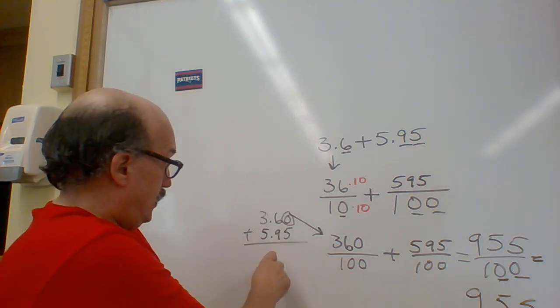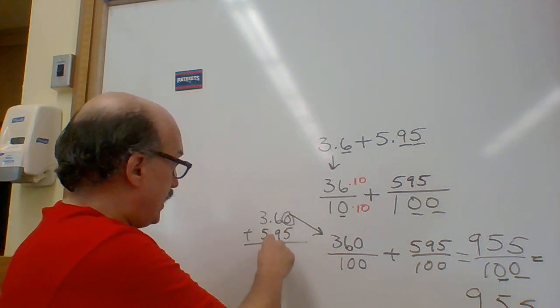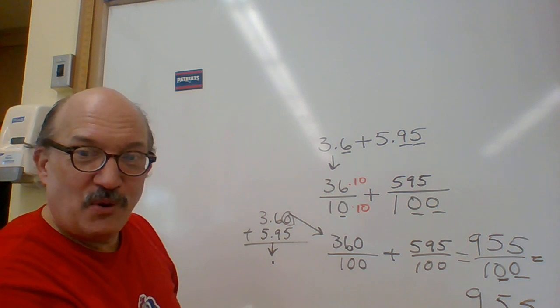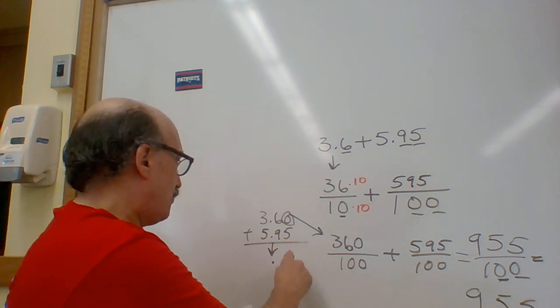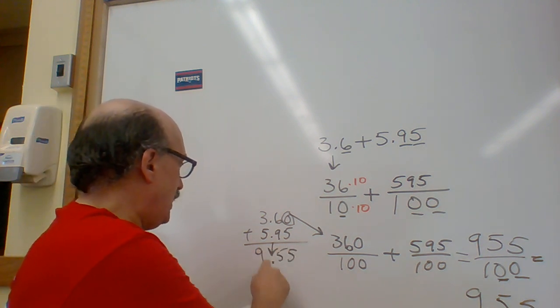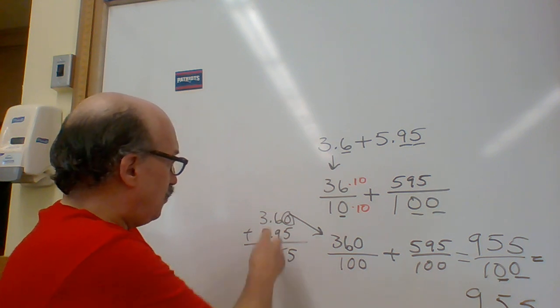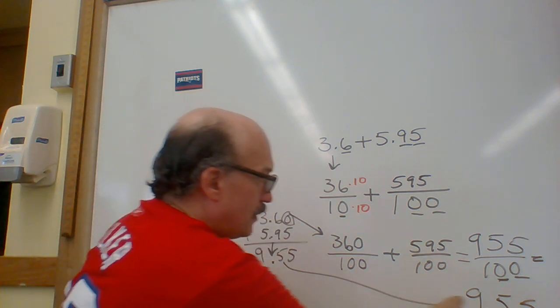And that's sort of taken care of in that idea of bring the decimal point straight down. When you go through it the standard way, like I did before, and you bring that decimal point straight down after they're lined up, you get the same result.